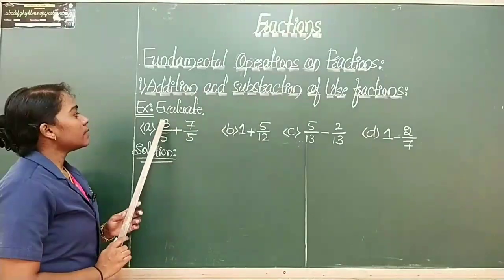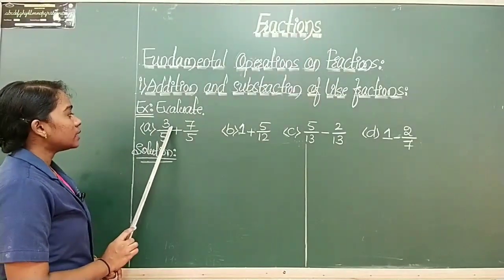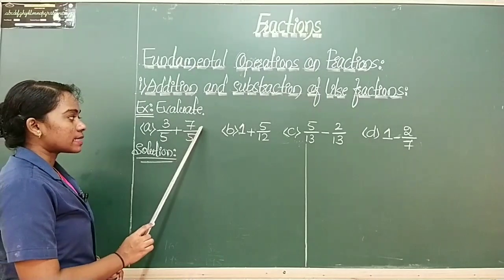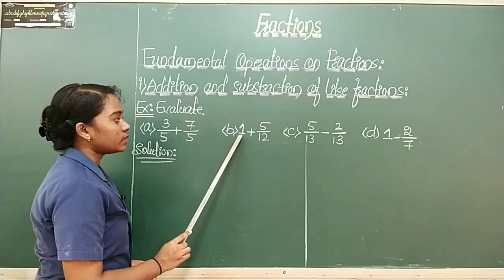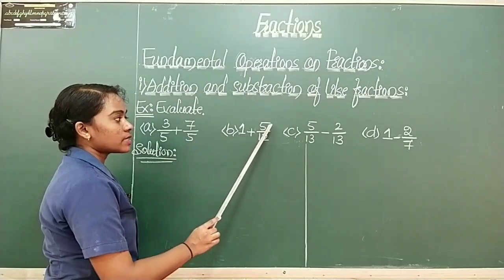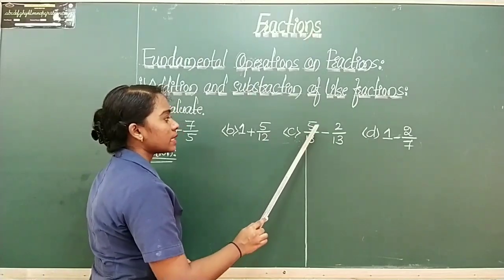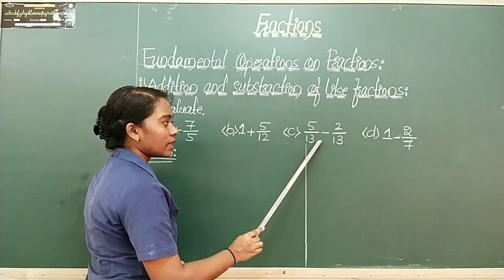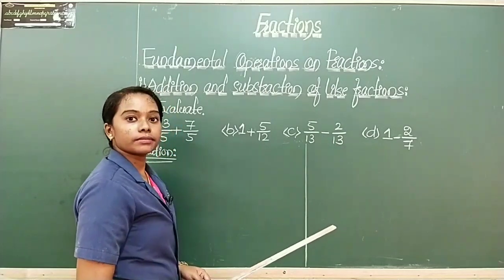See here, evaluate. In that first one, 3 by 5 plus 7 by 5. And the second one, 1 plus 5 by 12. And the third one is 5 by 13 minus 2 by 13.